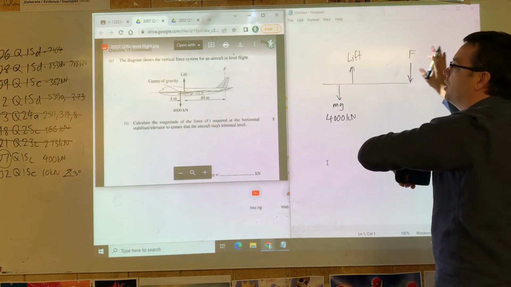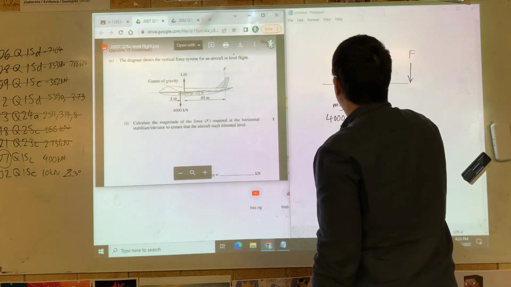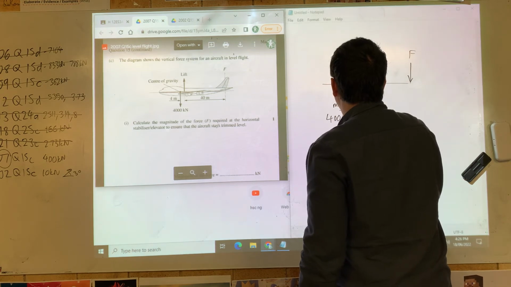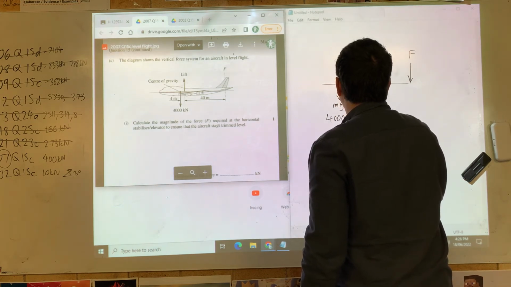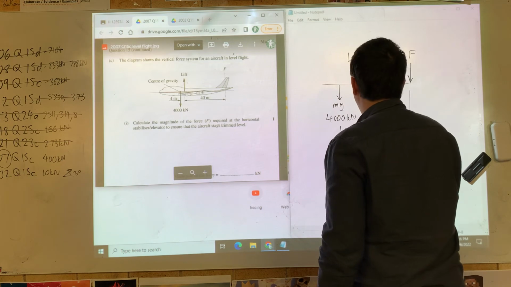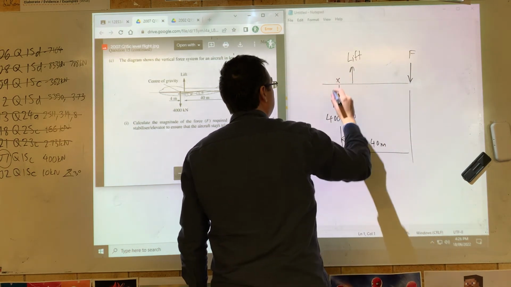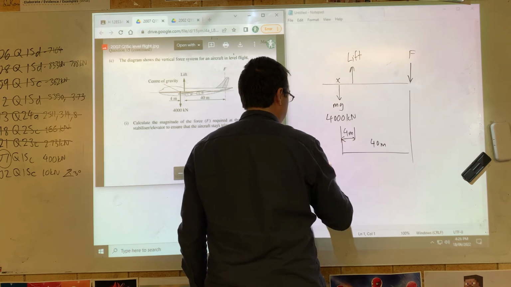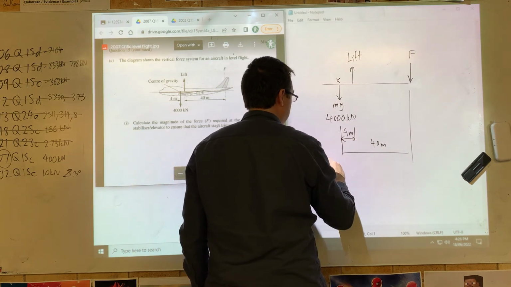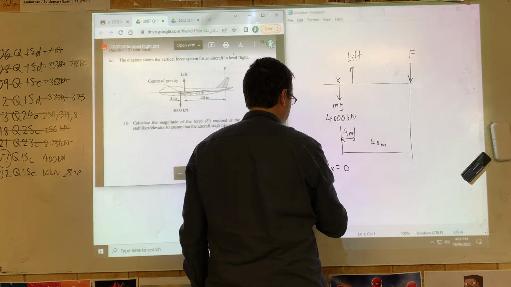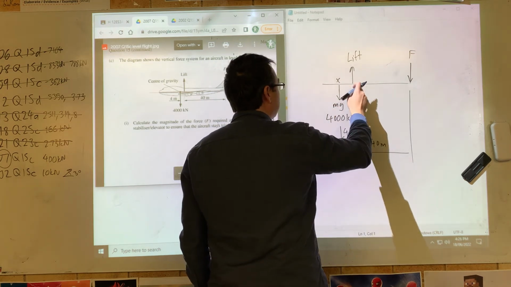So we need something to counterbalance that. They've said that this distance here is 4 meters, and this distance is 40 meters. So if we take some of the moments about, we'll call that x, the sum of moments about x equals 0.